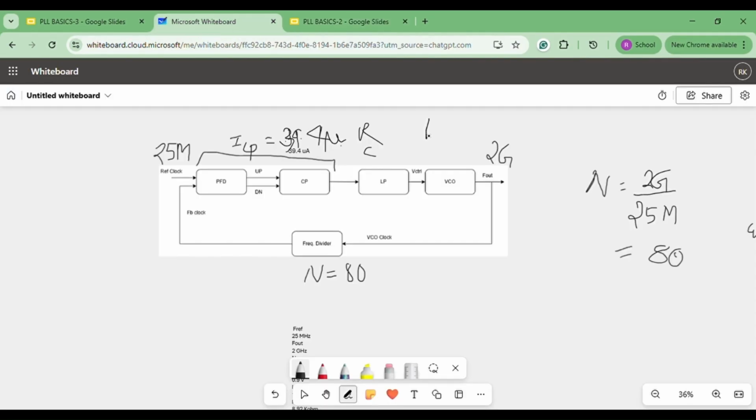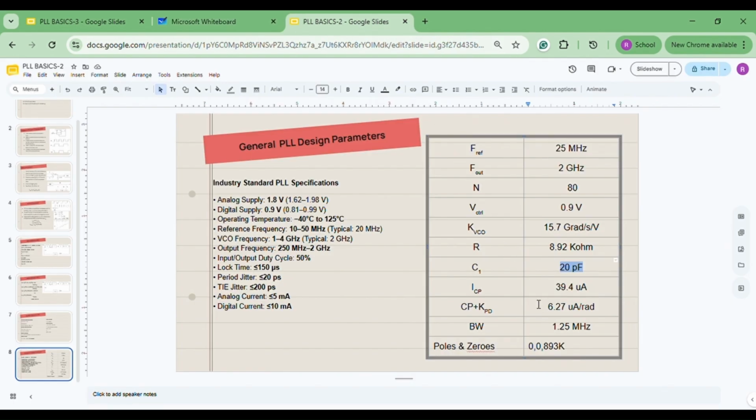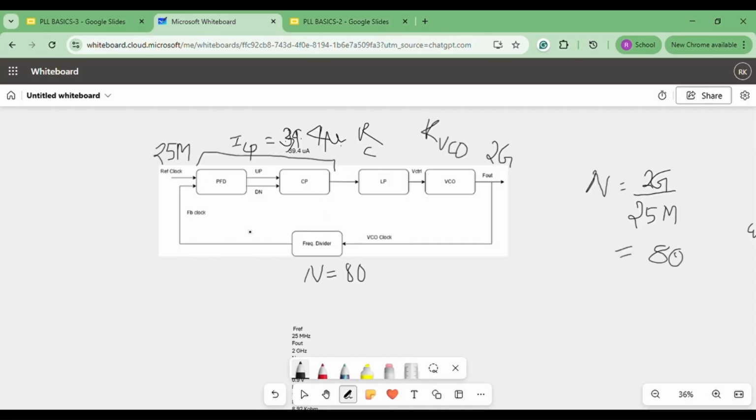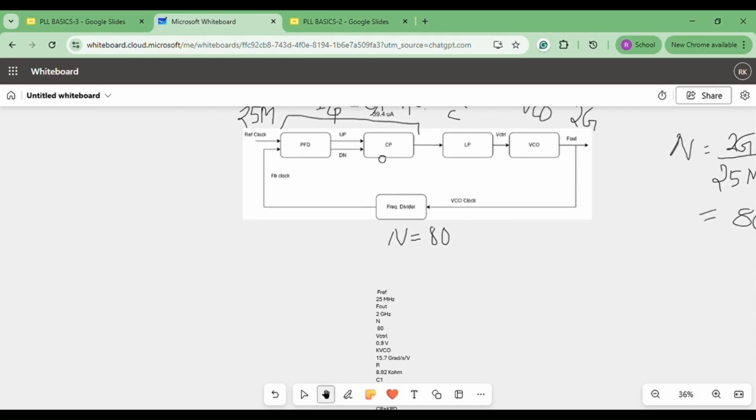Again, we have decided the KVCO of this VCO also, which was nothing but... I think I've written it in gigahertz per volt, but if we go in terms of frequency. So as we discussed in the last class, but I will again do this KVCO derivation, how we got KVCO.